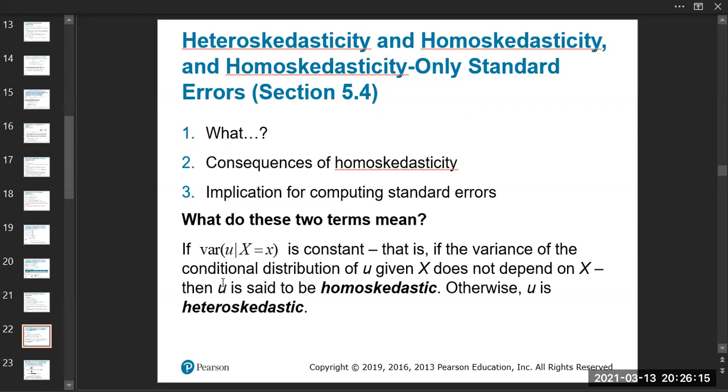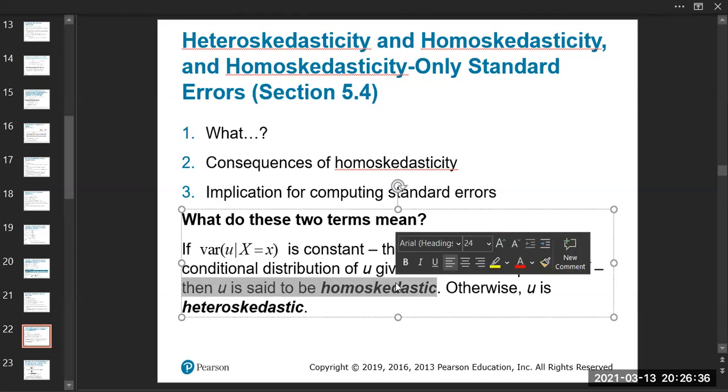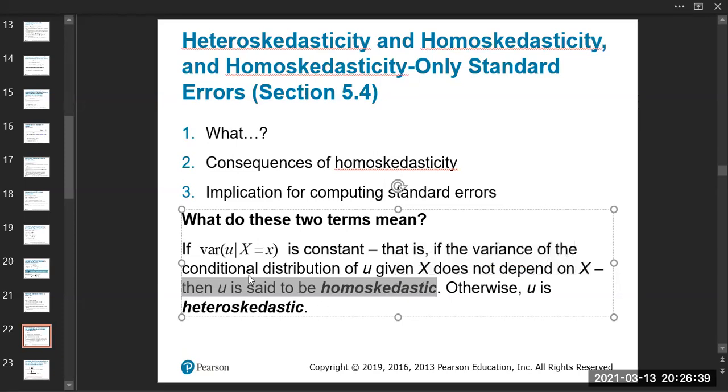So what does it really mean? It means that if the variance of u, which is the error, conditional on x, is constant across different x values, then u is homoskedastic. If it's not constant, then it is heteroskedastic.